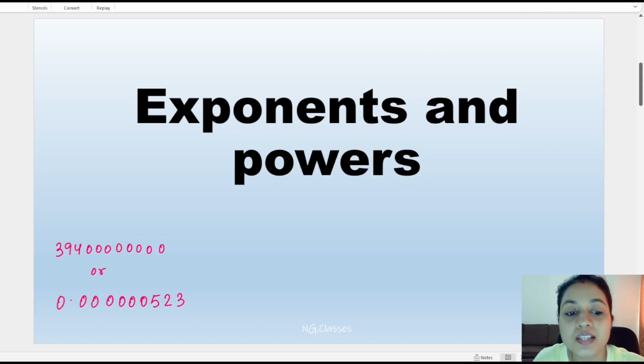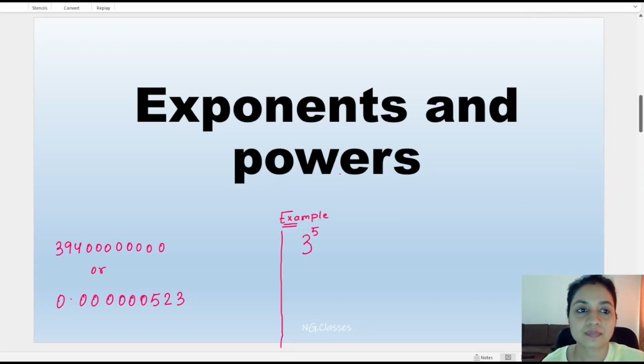Here we will discuss how to write these numbers in exponential form, and we will also discuss how to do the simplification or how to apply the operations when we are having numbers in exponential form.